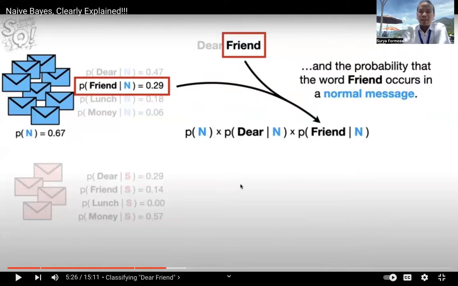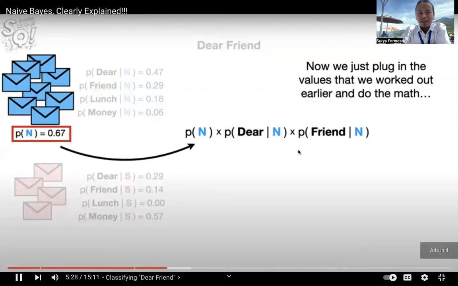So we have dear friend in a new message. How much is the probability of dear friend being categorized as a normal message? So the calculation is the probability of normal messages times the probability of dear in normal messages times the probability of friend in normal messages.